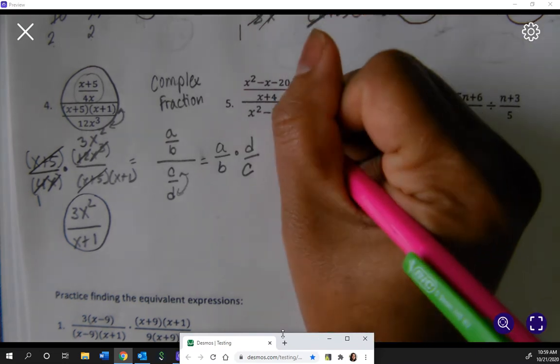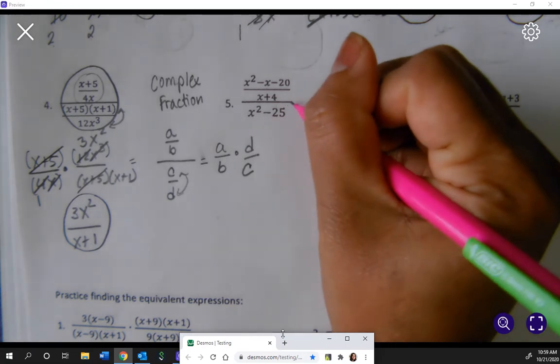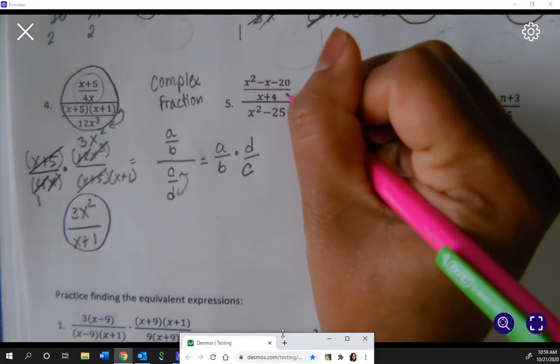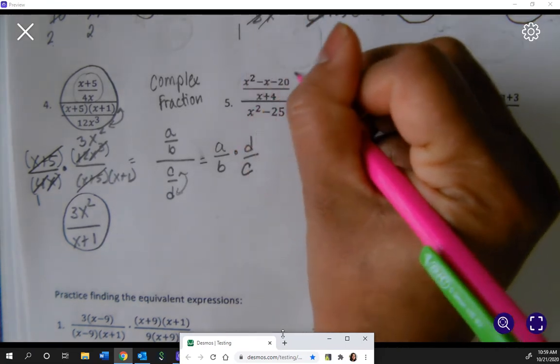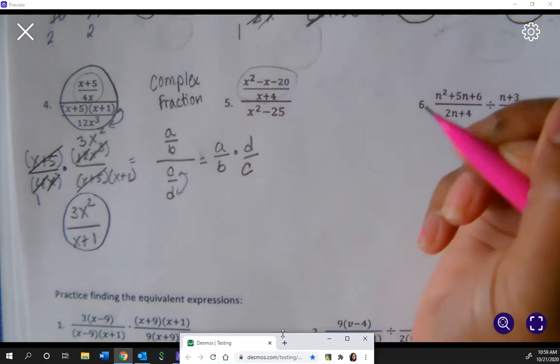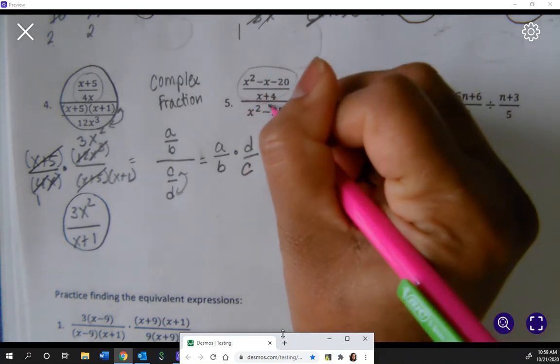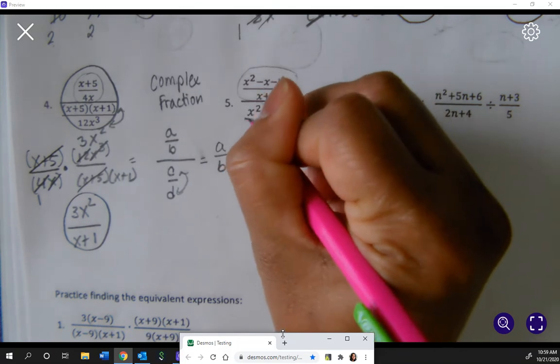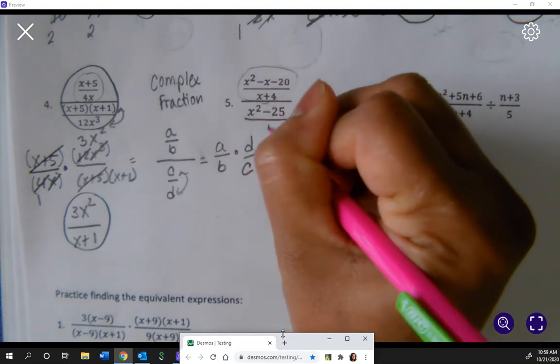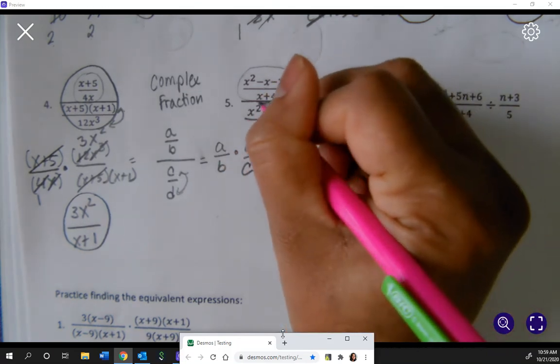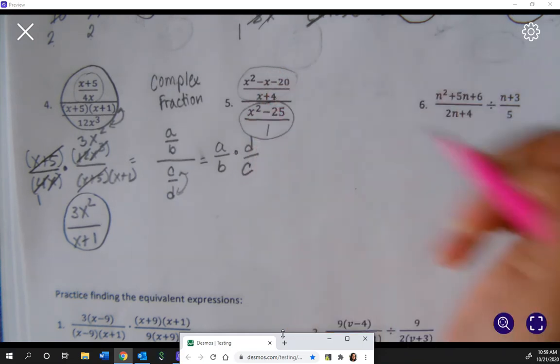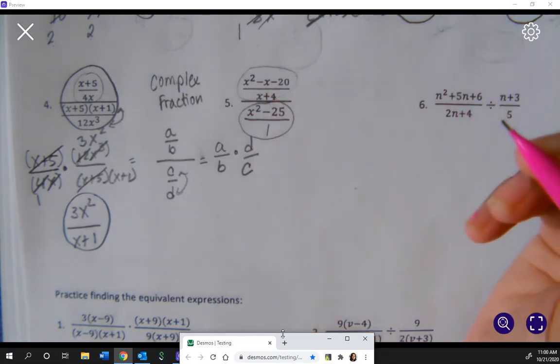All right, number 5. Okay, so this is also a complex fraction. The only difference is you have a numerator right here, which has a fraction. The denominator does not have a fraction, but I can always make it a fraction by putting a 1 underneath. So there you go. So there's my complex fraction right there. So I'm going to keep the numerator the way it is.